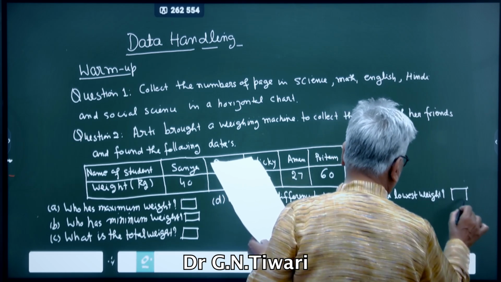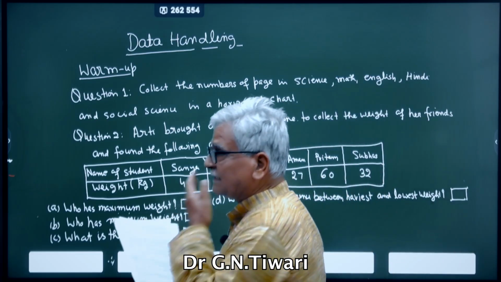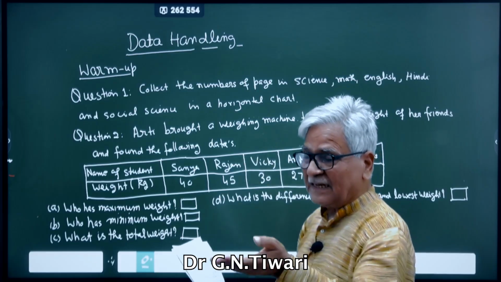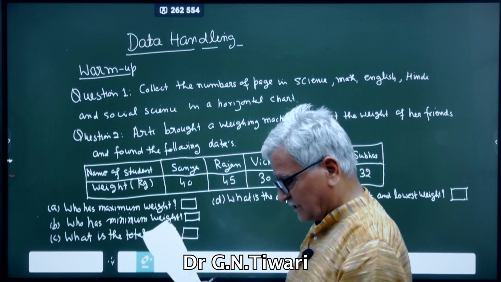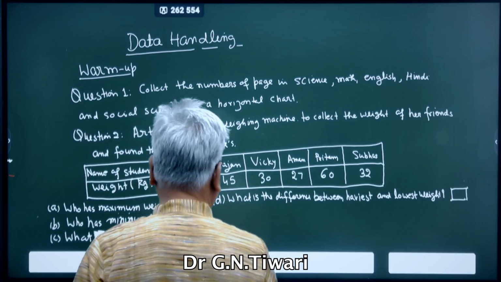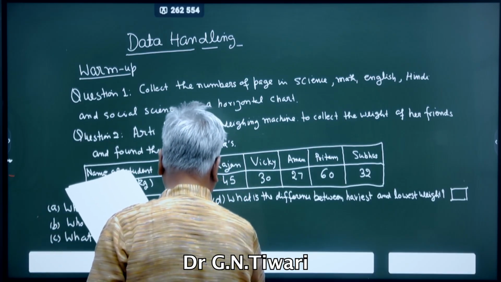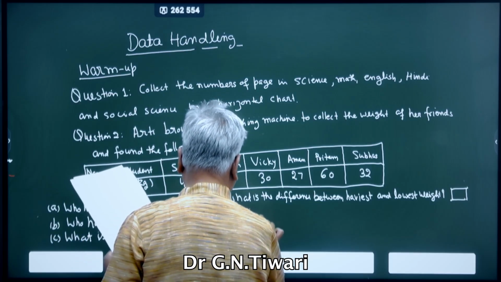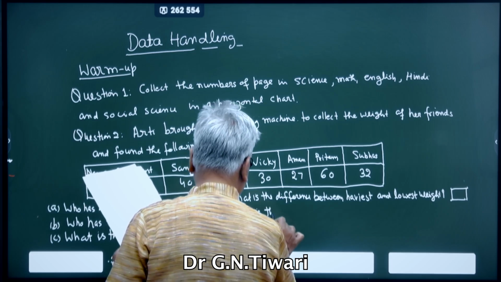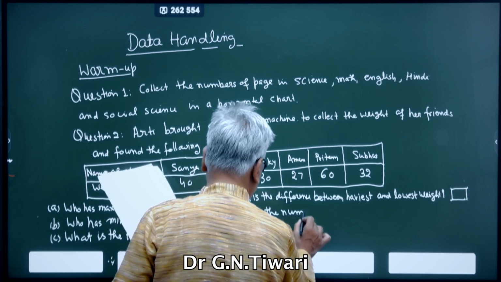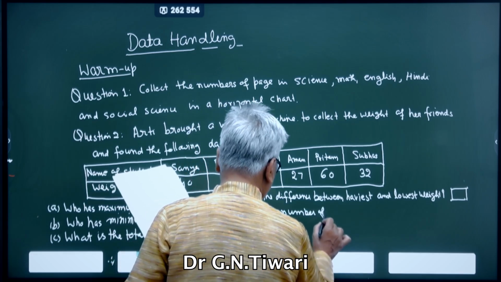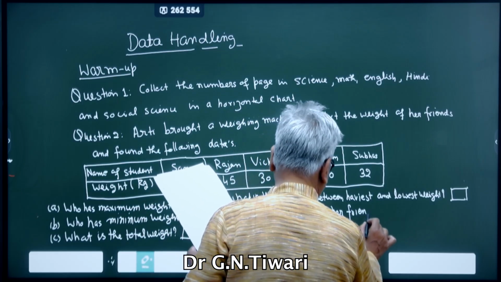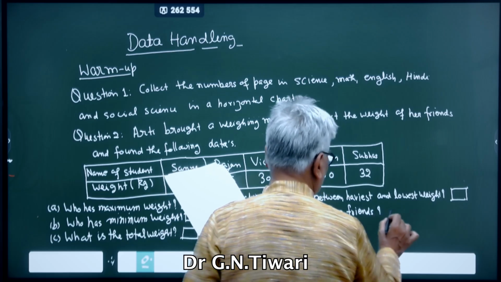Now, the student has already studied the difference of heaviest, lowest. That is the minuend and subtrahend. They should answer this question. E. What is the number of her friends? They should answer.